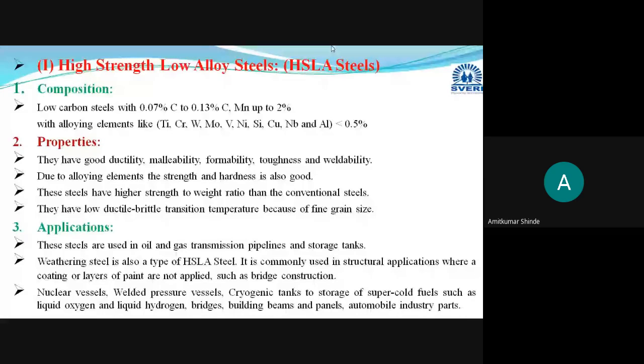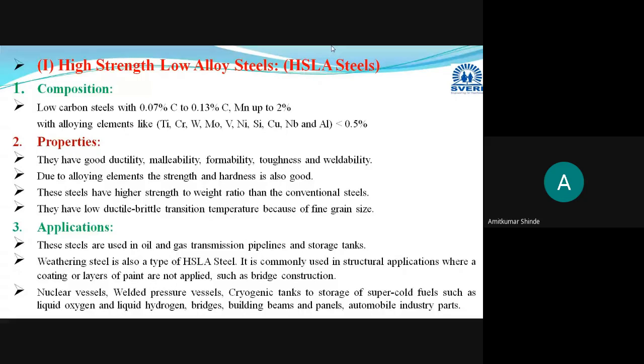In these steels, whichever alloying elements are there, their combined percentage will be less than 5%. And these alloy steels have very high strength. Why these alloy steels have high strength, I will tell you later. First we will go through the composition part.